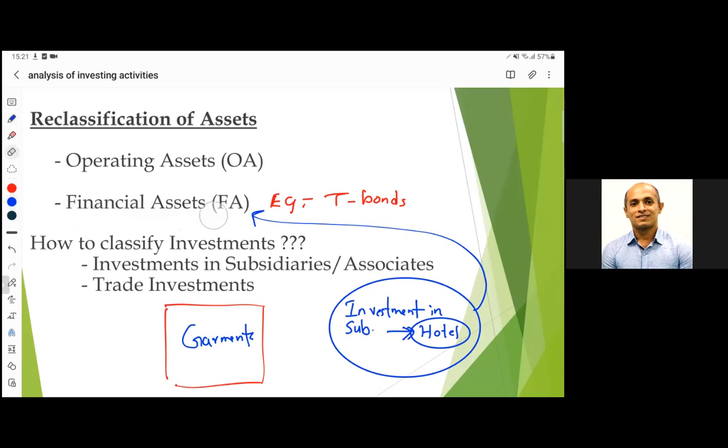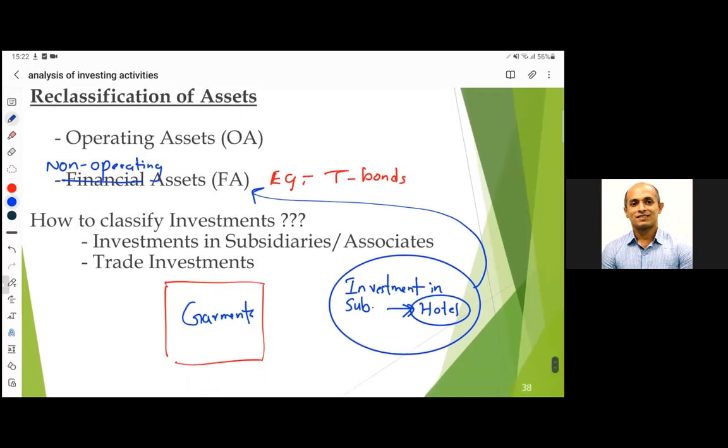Instead of financial assets, you can use the term non-operating assets. The meaning is those assets that are not related to your main business. Then when you analyze your company's main operations, you look at only the operating assets.